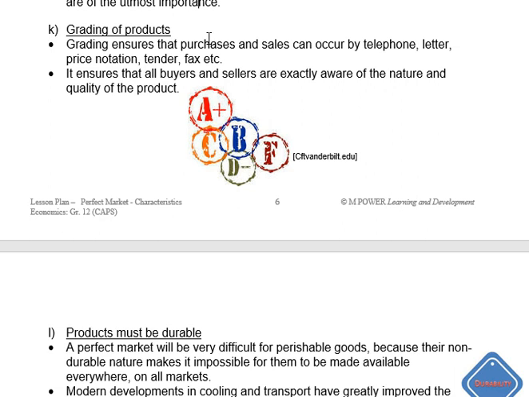Okay, a lot of agricultural products are actually graded. When you buy potatoes, for example, potatoes more often than not are sold in a brown paper bag. That means you can't see on the inside what those potatoes look like.